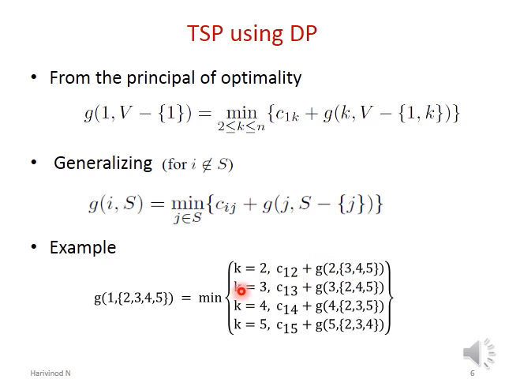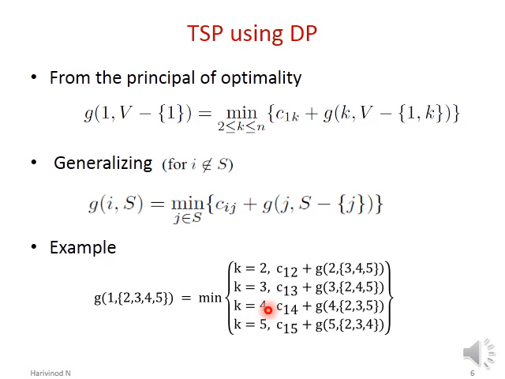Similarly, suppose the k value or j value is taken as 3, this expression will be C of 1, 3, the direct edge from 1 to 3, plus the minimum distance from 3 by visiting all the vertices 2, 4, 5 and coming back to 1.